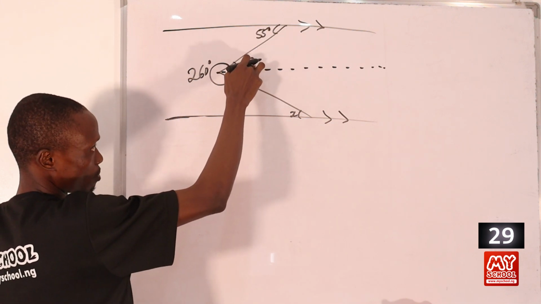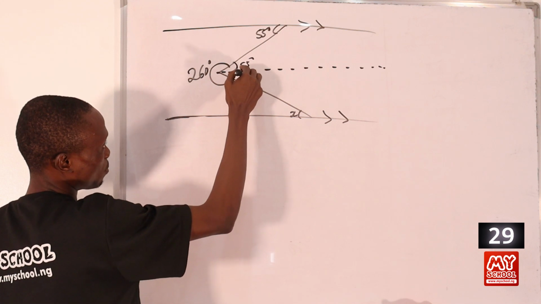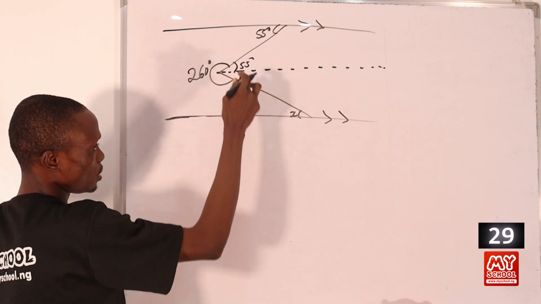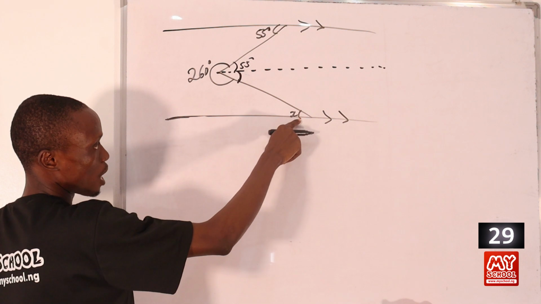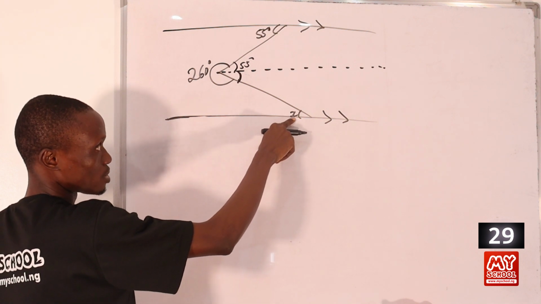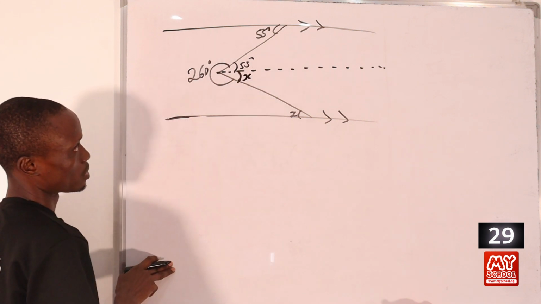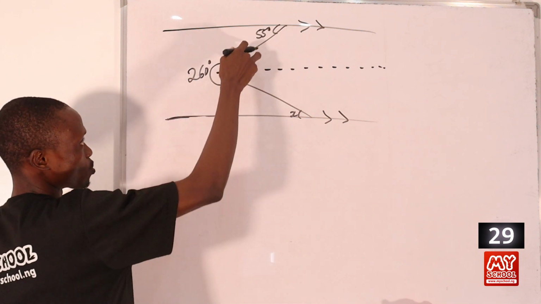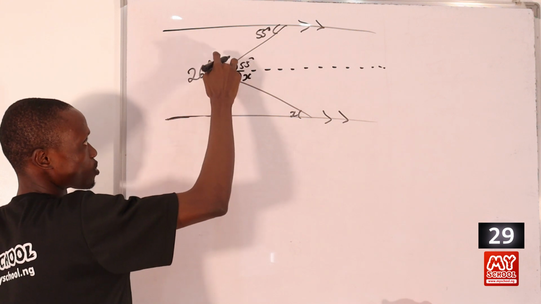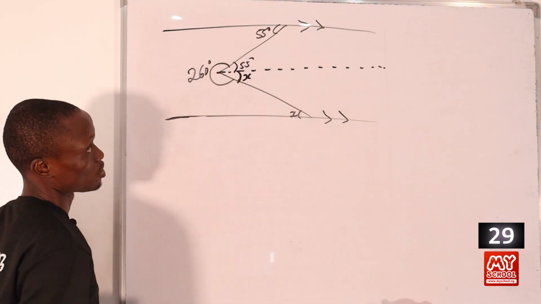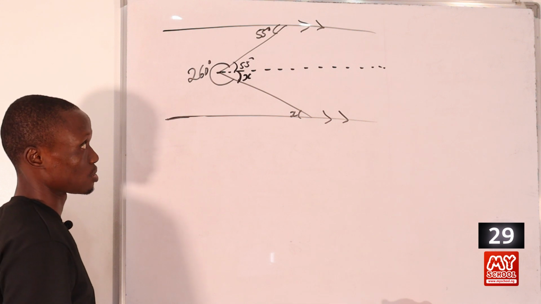Now this other side of the angle here is also alternate to the angle here. But remember that the angle here is x, which is actually what we are looking for. So here is also x. The next thing is just to solve this part. Remember that this is sum of angles at a point, and the sum of angles at a point is equals to 360.